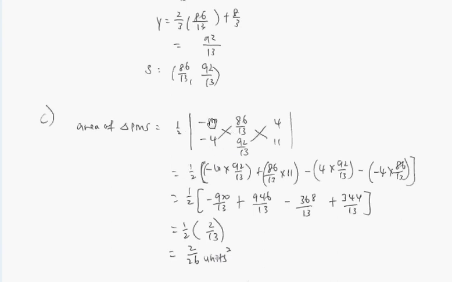To use this method, we multiply -10 and 92 over 13, plus 86 over 13 times 11, minus 4 times 92 over 13, minus 86 over 13 times -4. By simplifying it further, we get half times 2 over 13, and the area of triangle PMS will be 2 over 26 units squared.